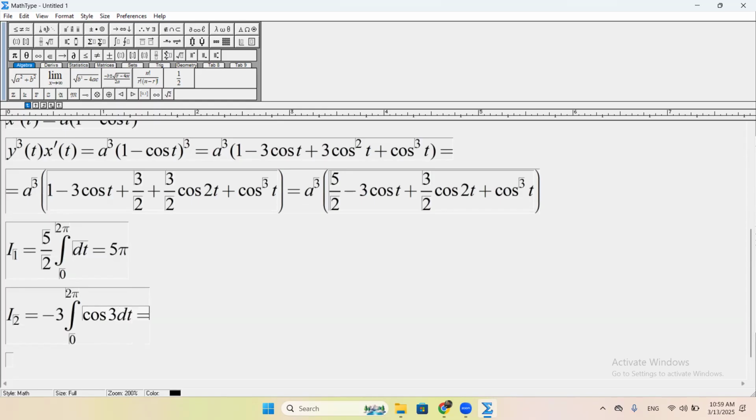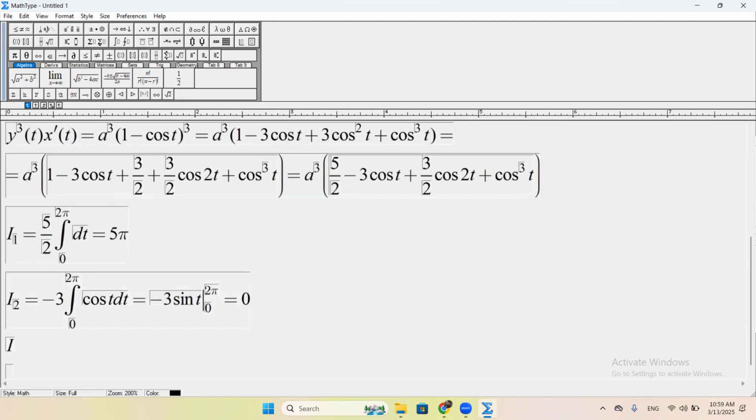So it will be equal to minus 3 sine of t from 0 to 2p. Yeah, I need to move the constant out of the integral sign. So from 0 to 2p, and it is actually equal to 0.